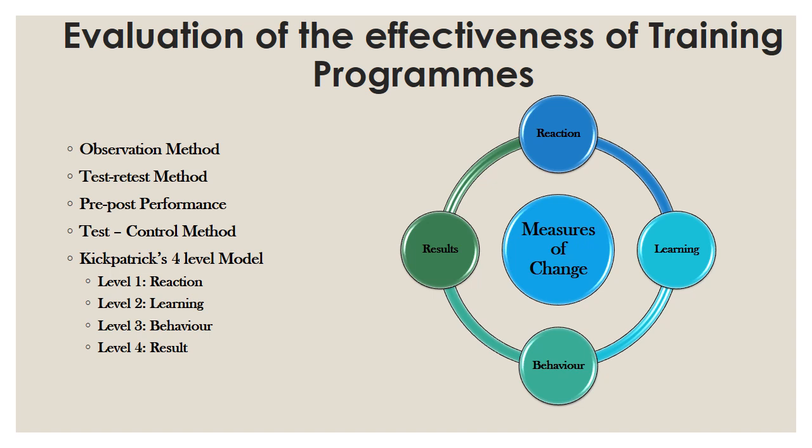Test control, where we have 2 groups, where one group is actually given training and the other group is not given training. And Kirkpatrick's 4-level model, where we try to measure the reaction at the first level, understand the learning at the second level, understand change in the behavior at the third level, and then evaluate the results at the 4th level.